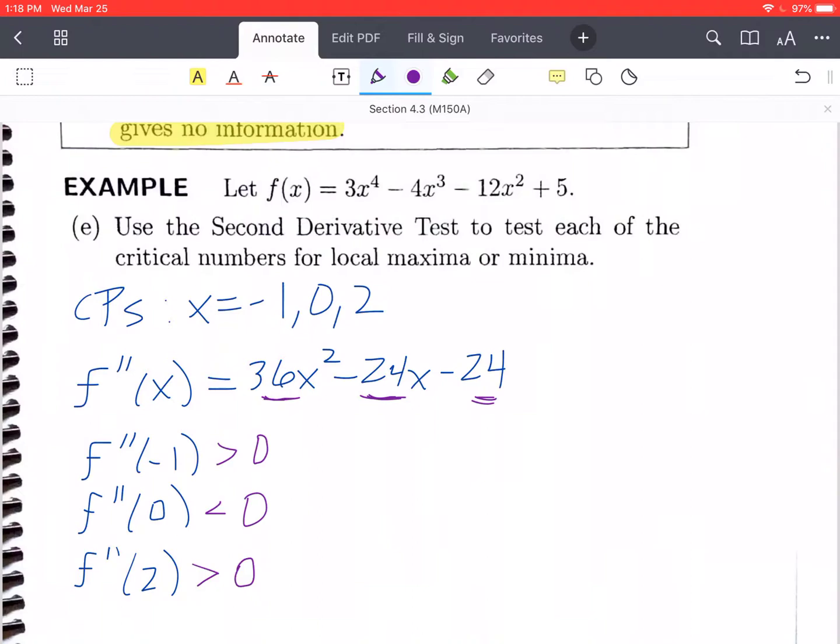So we have a graph that looks like this. It's going concave up, concave down, concave up, something like this. So you have local min, max, and then min.